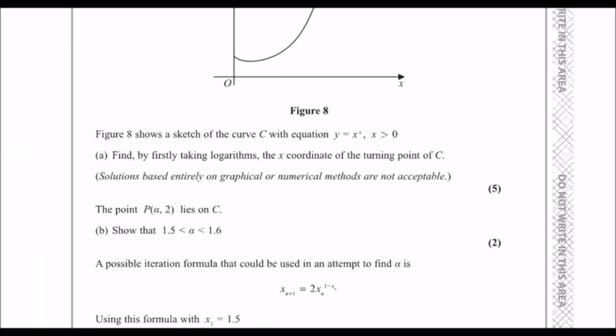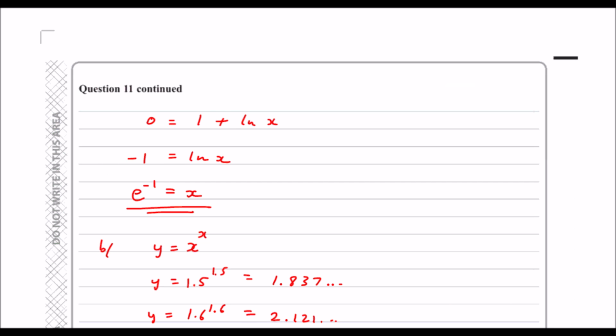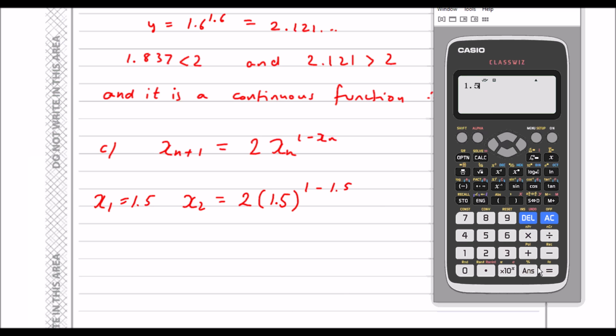Let me just check that. x1 is 1.5. So x2 is going to be 2 times 1.5 to the power of 1 minus 1.5. So I'm going to put 1.5 into the calculator. So I've got 2 times the answer to the power of 1 minus the answer. So I've got 1.63.